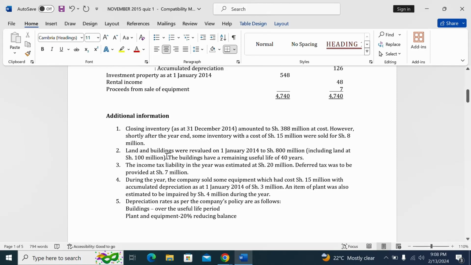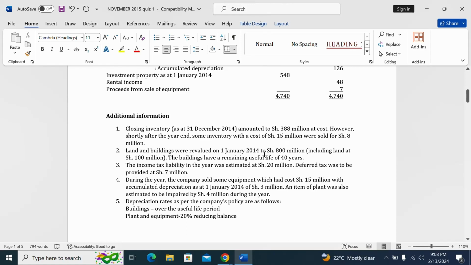Now we are just concerned with the revaluation because the depreciation we have taken care of in the income statement. Remember, the revaluation gain is usually equal to the fair value or the revalued amount, the amount at which the asset has been revalued, minus the book value of the asset at that time of revaluation.